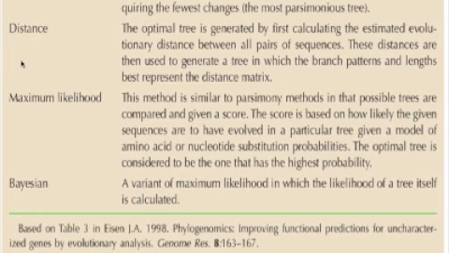So distance methods are really good for massive data sets, although they have flaws. I'd be happy to point you to the literature on this and discuss the different bells and whistles, but it's not going to matter that much for most of what we care about here.